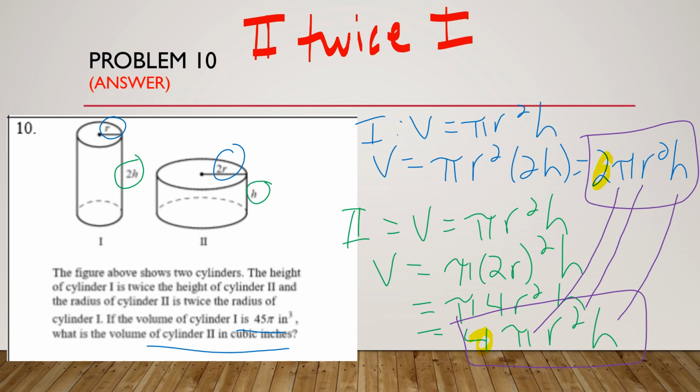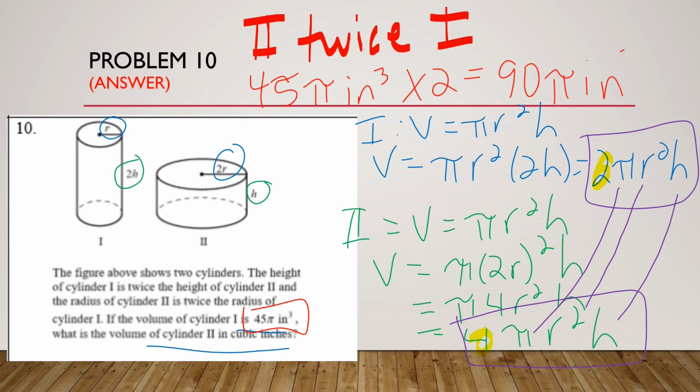So if cylinder 1 is 45 pi, I know I have to take 45 pi inches cubed and multiply it by 2 to find cylinder 2. That gives us 90 pi inches cubed for cylinder 2.